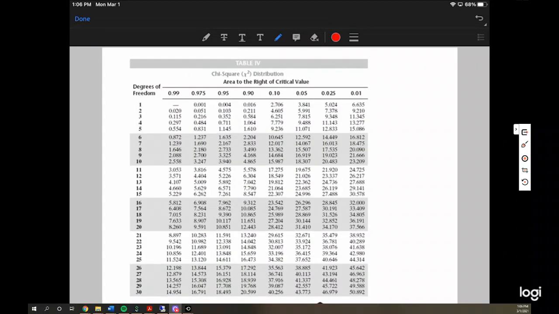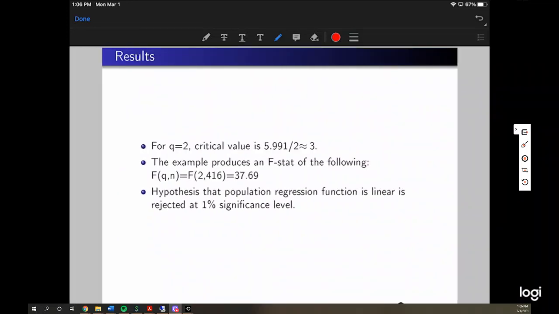So we're going to need to figure out our critical value here on the next slide. We're going to be using the 5% significance level, that's this thing here, with 2 degrees of freedom. So we take that row out to that column and we get 5.991. Okay, so for q equals 2, the critical value is 5.991.